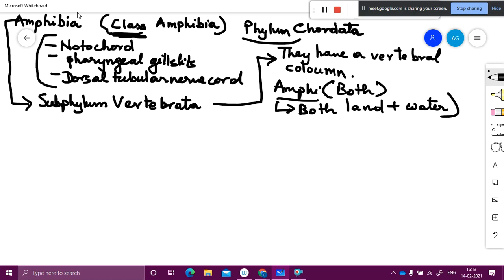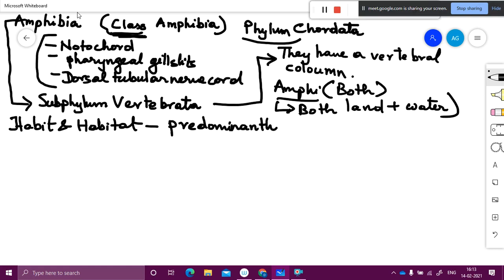So, for example, the first character which you know about amphibians, about their habit and habitat. So, what is the first characteristic? They are predominantly terrestrial.